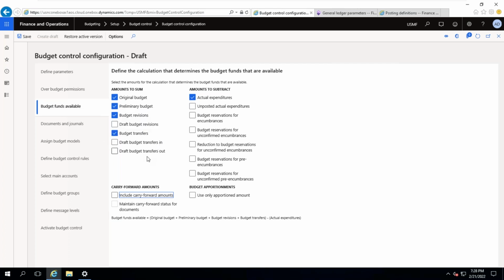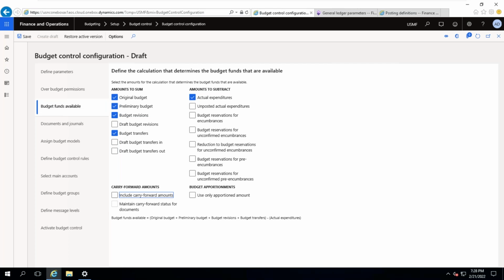Unposted actual transactions, unposted calculate.